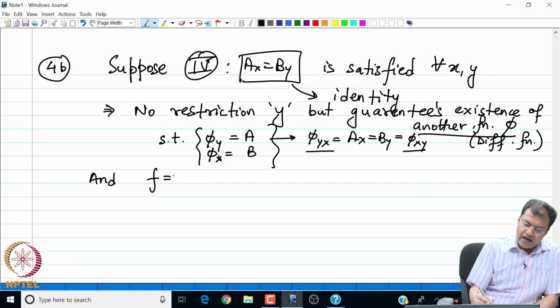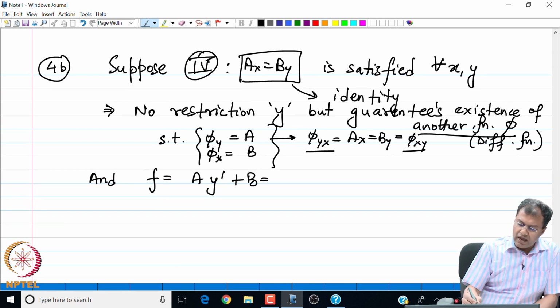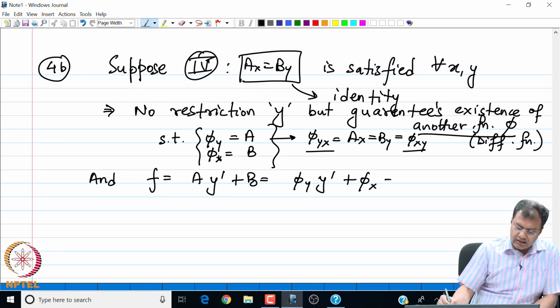my f, the integrand, which is a y prime plus b, I replace a by phi y. So, this is phi y times y prime, and b is phi x. We see that this is nothing but the total derivative of phi with respect to x.